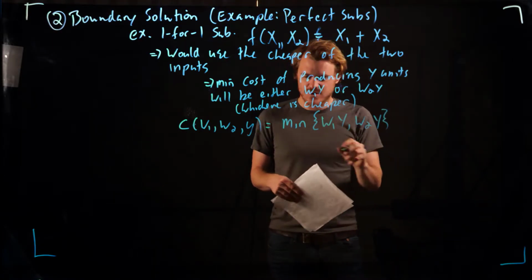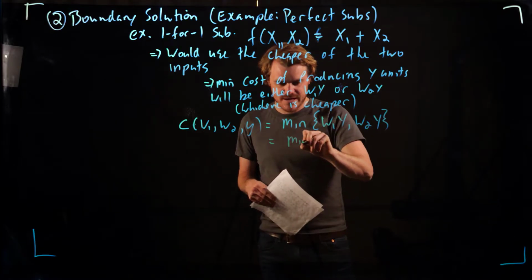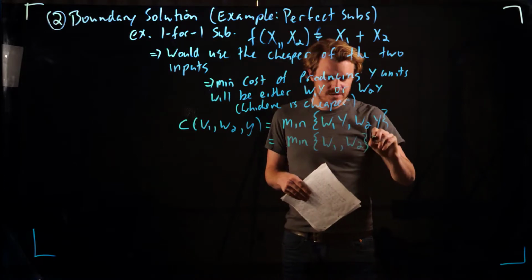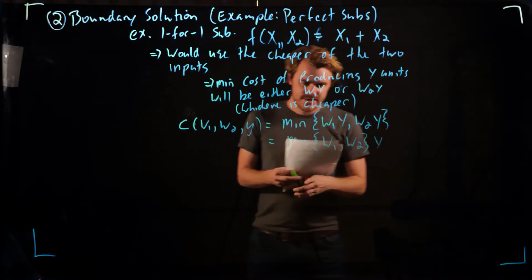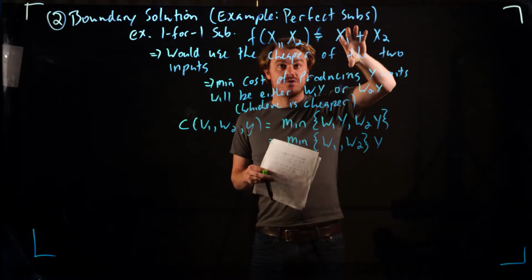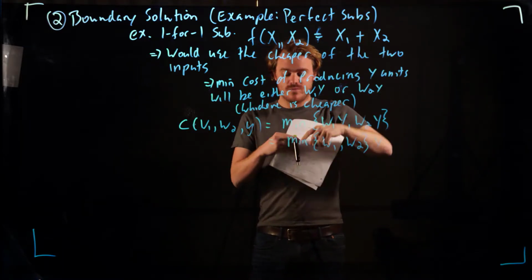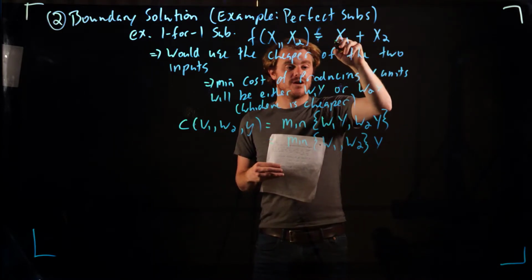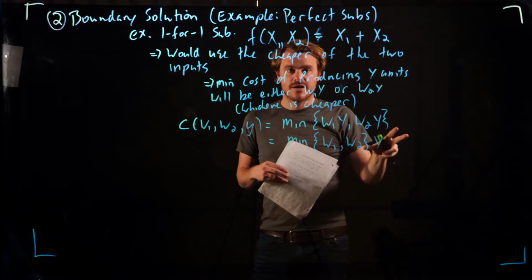Well, you can factor Y out here, which is just the min of W1, W2 times Y. Again, this is just the simplest version. We could think of a more general one where we have a 2 up here or a 3 over here, and that's going to slightly change our answer.